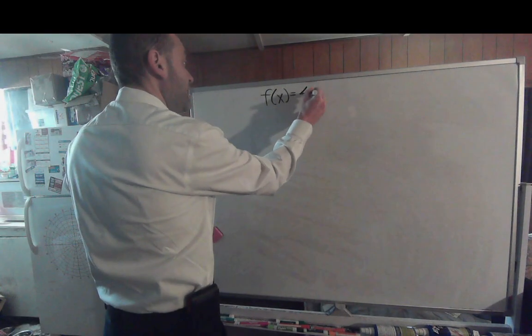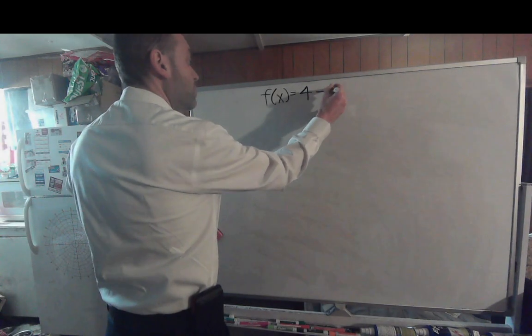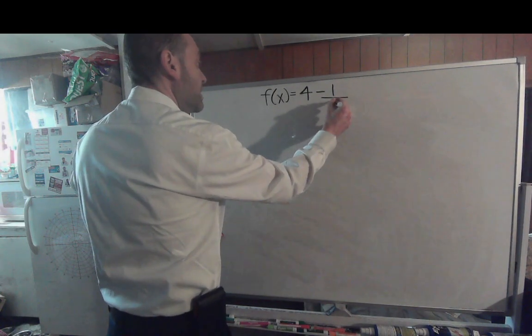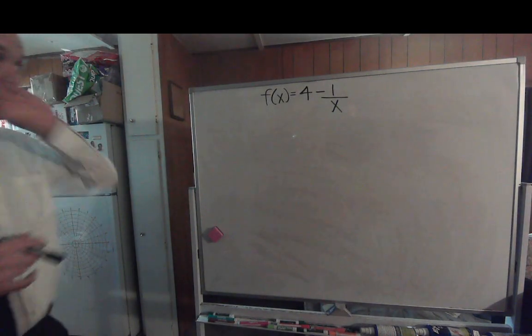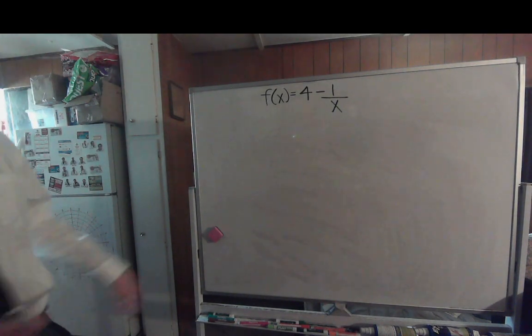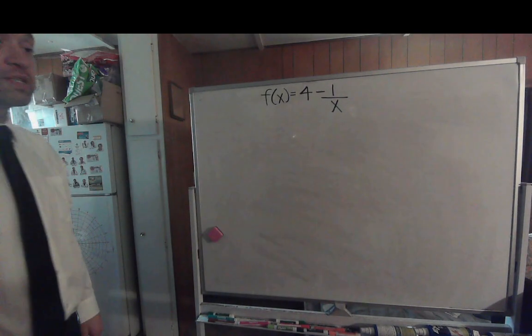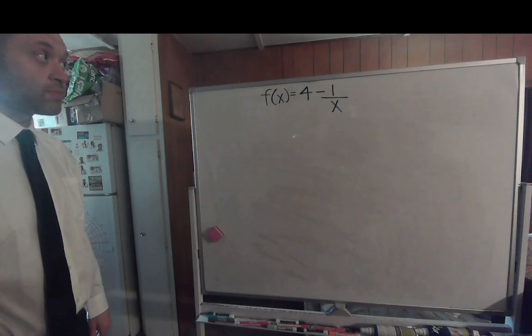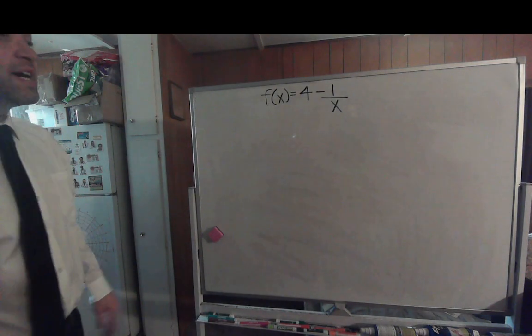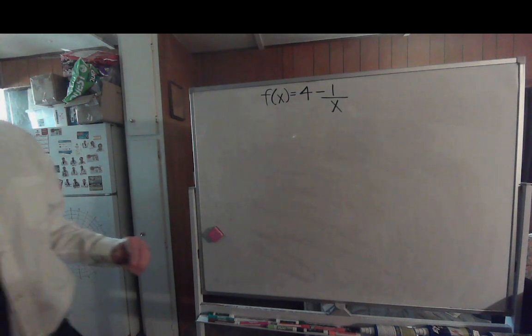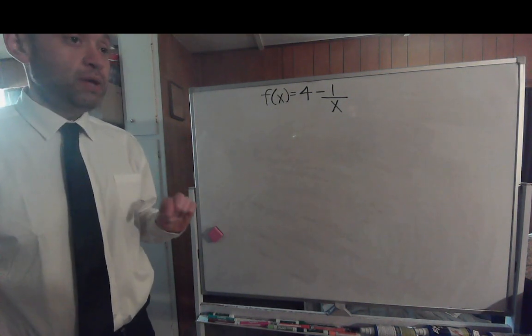Let's say we had f of x equals 4 minus 1 over x. So suddenly this has changed. F of x equals 4 minus 1 over x. Well, we definitely still want to deal with the domain.